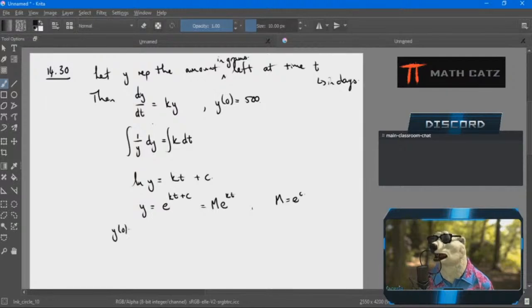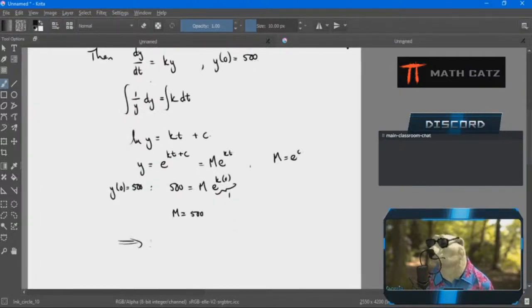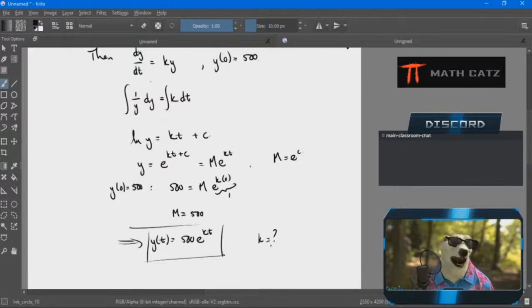Then I use my initial condition: if I plug in 500 for y, e to the k times 0 is 1, so m is 500, and therefore my function is 500 e to the kt, big surprise. We've seen this before, it's always the same if I start with the same differential equation, which I do. So now I need to know what is k, the decay constant, and that's why they give me this other bit of information.